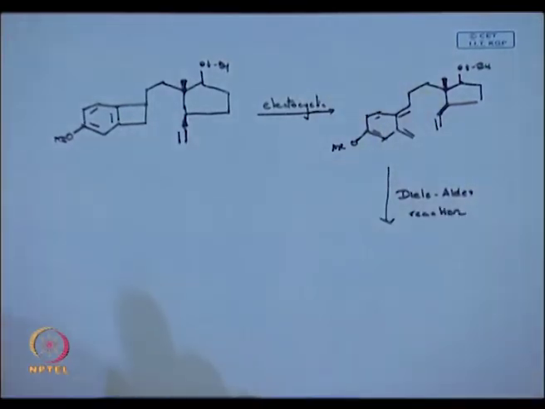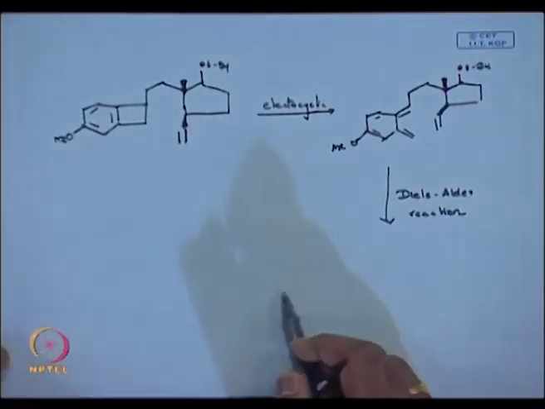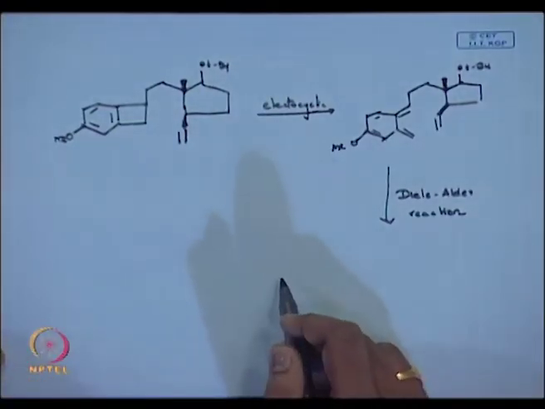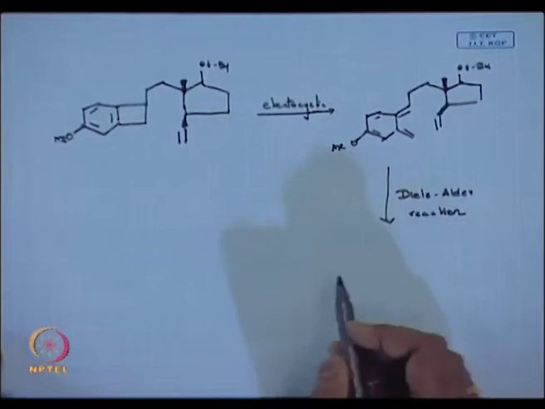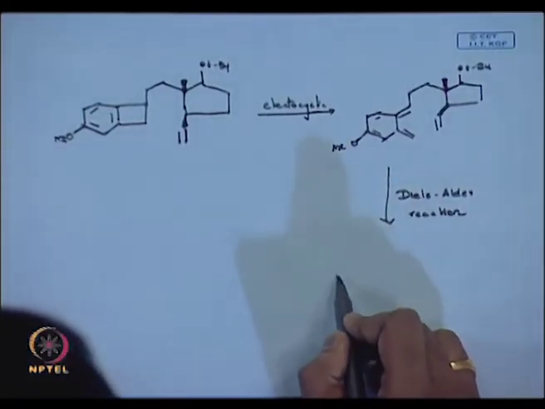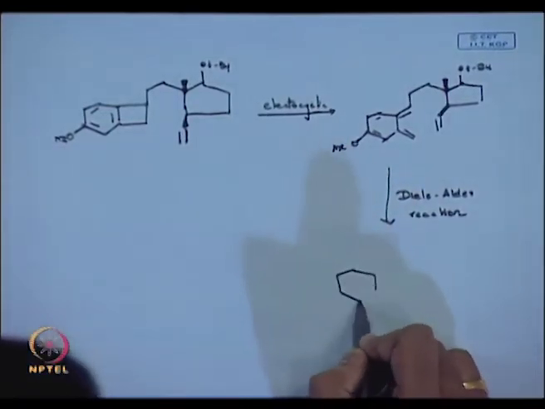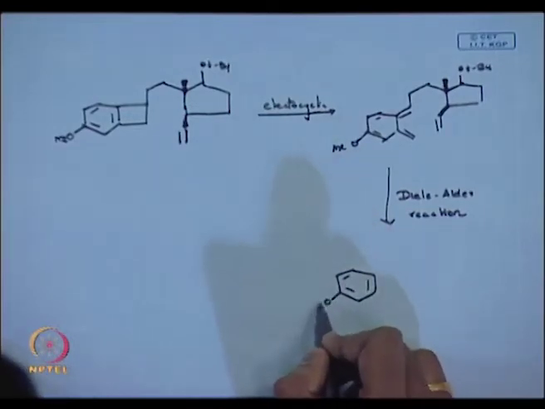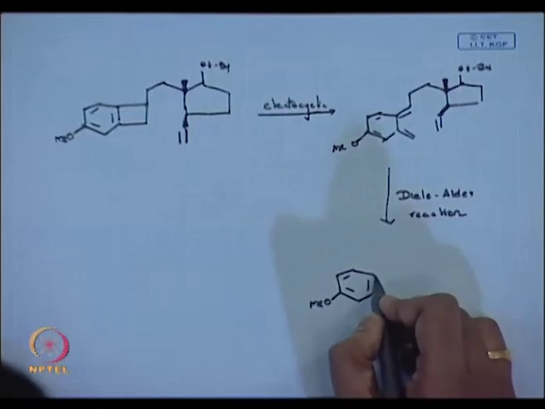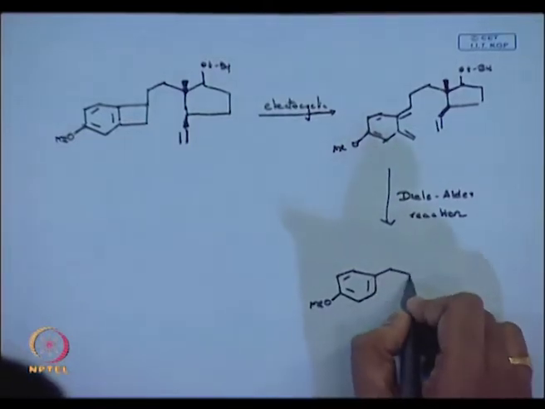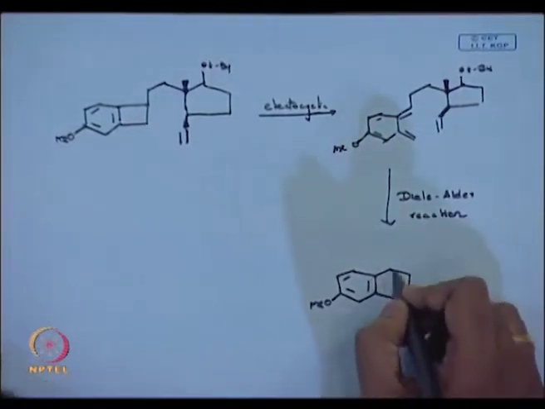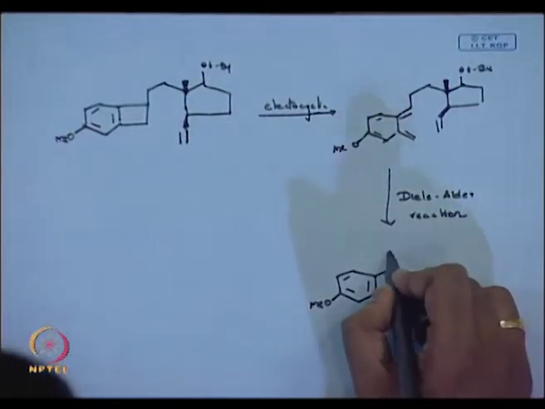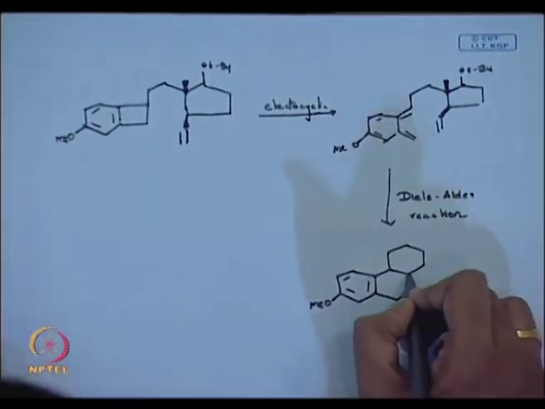Now you have to fix your stereochemistry also when you are doing Diels-Alder reactions, which is very important. That is why pericyclic reactions are important, because they help you to get your stereochemistry in the right way.